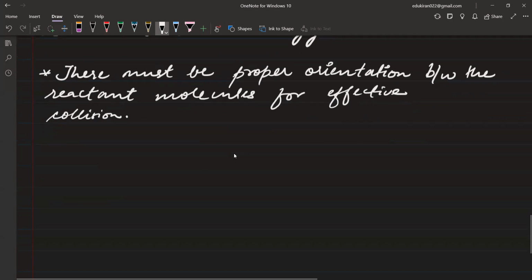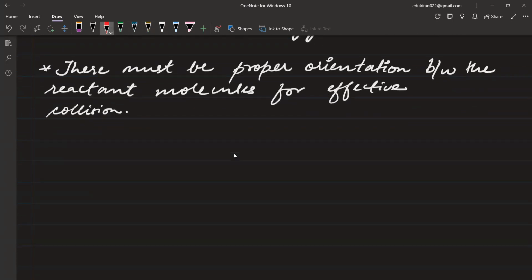Okay, so what is the conclusion? As a header, you should remember only 3 points. Necessary condition for effective collision.